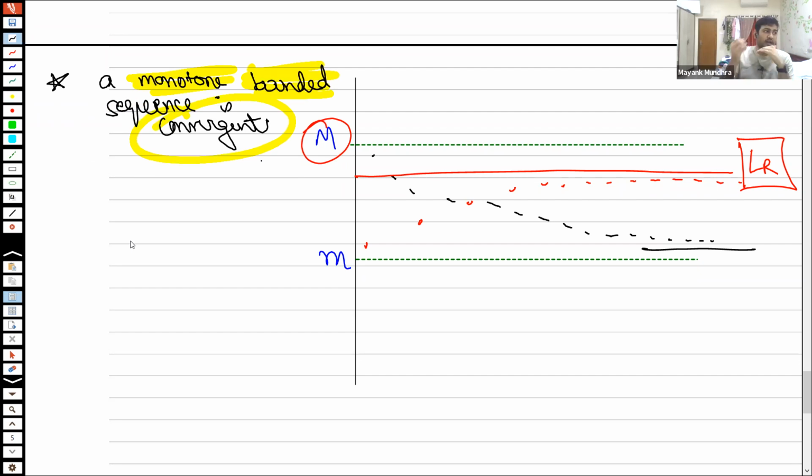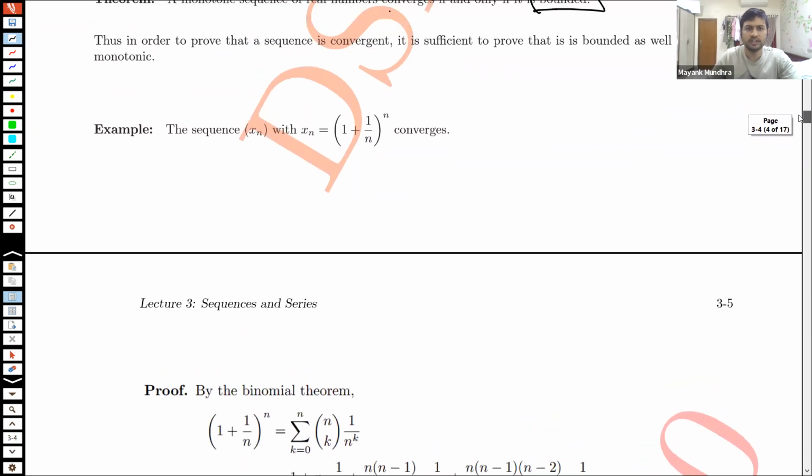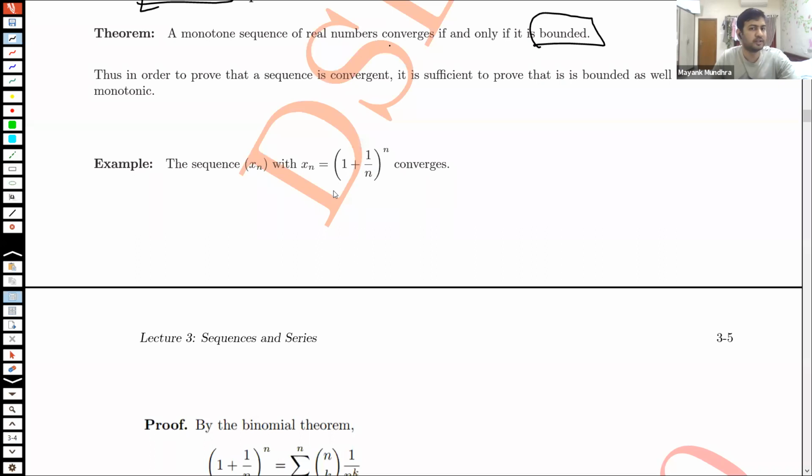So if I were to write this in logic terms, what it would mean is monotone and bounded implies convergence. So let us look at the most popular example for this. This is 1 plus 1 by n convergence.